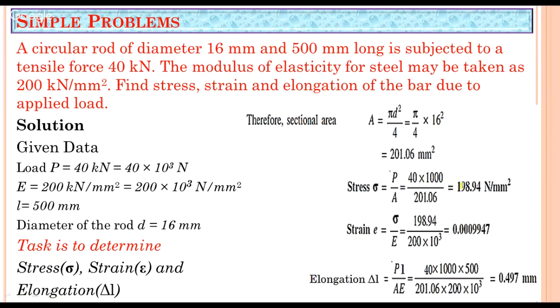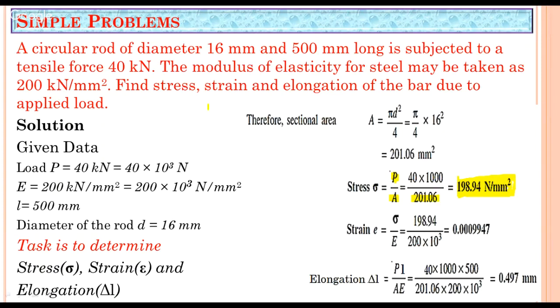So this is the area we got here, and then by substituting the value of load P and area of 201.06, we will get the intensity of stress induced due to this action of 40 kilonewton across an area of cross section of 201.06 millimeter square. The value of stress induced is 198.94 Newton per millimeter square. That one you have to realize, from the basics and fundamentals you have learned from the beginning of the class.